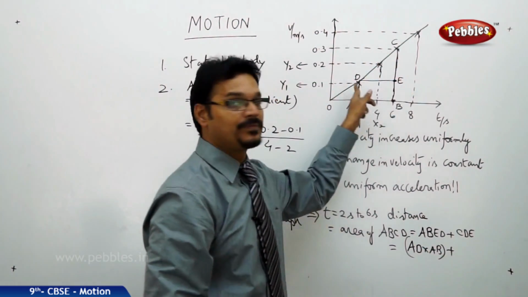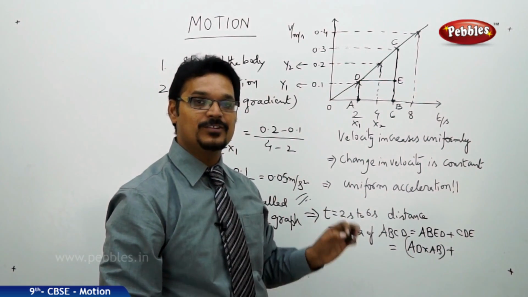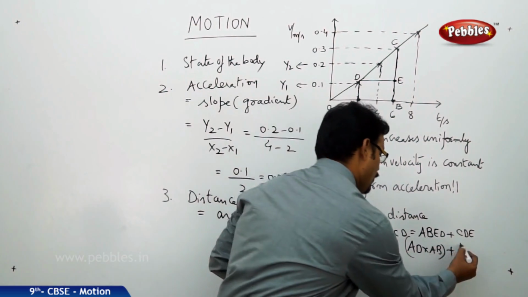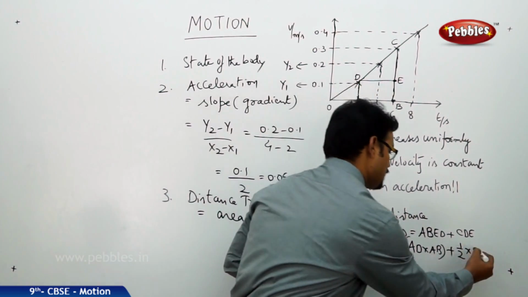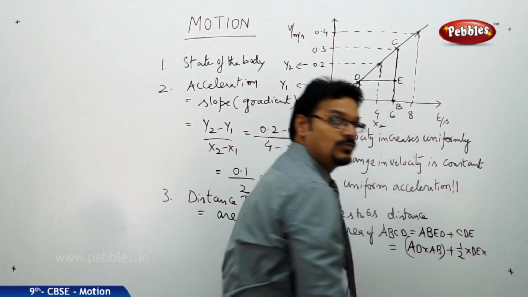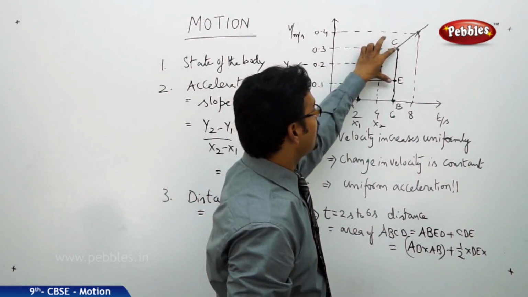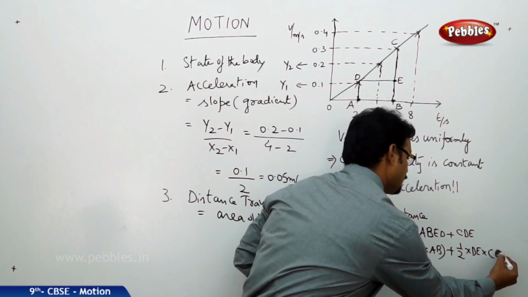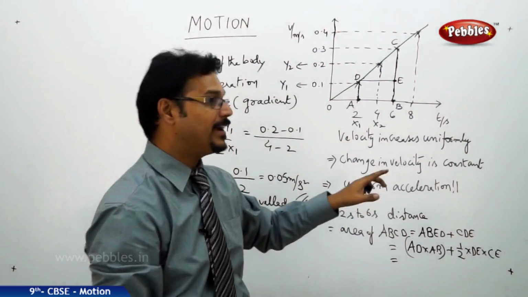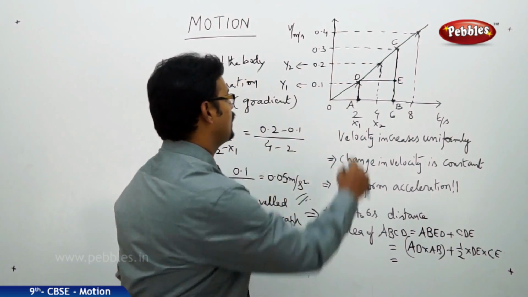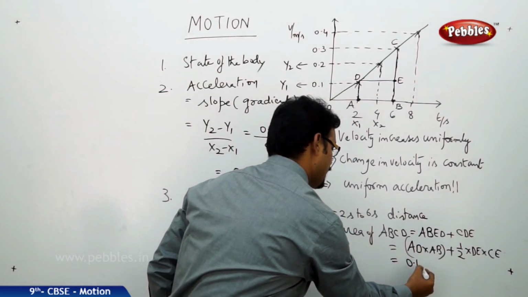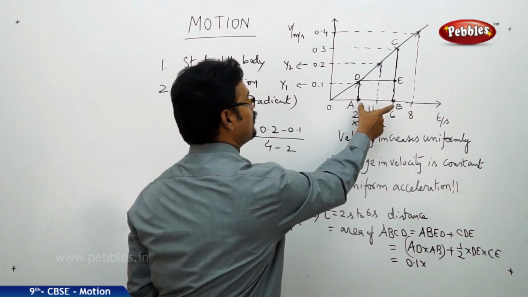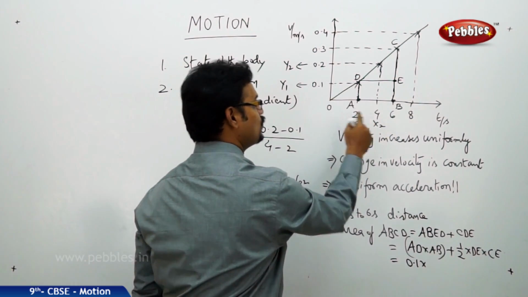And what is the area of the triangle? Half into base into height. DE is the base, and CE is the height. Now quickly substitute the values. AD is 0.1 into AB. AB is 6 minus 2, 4.